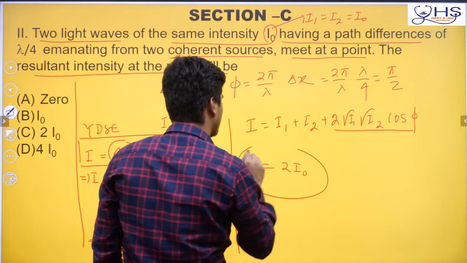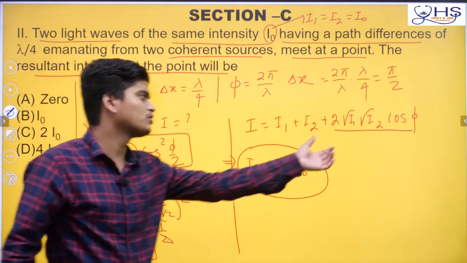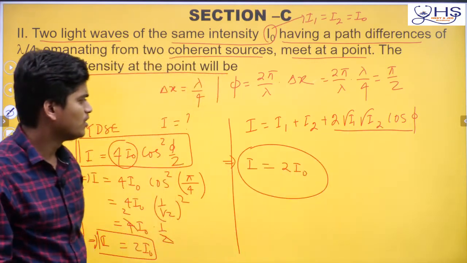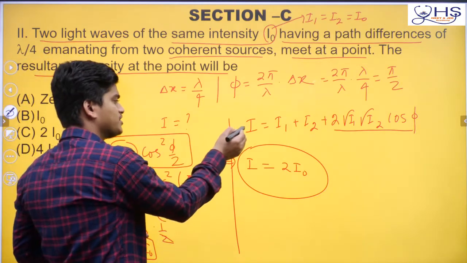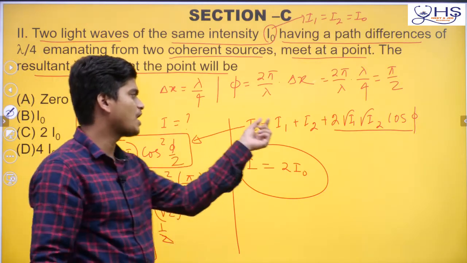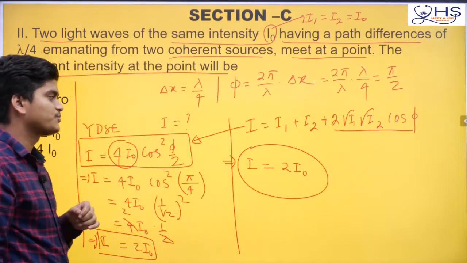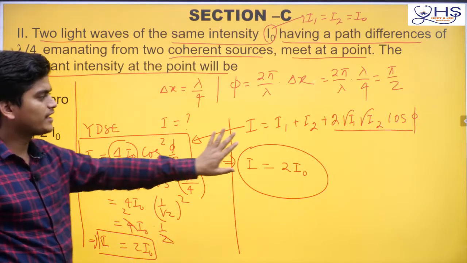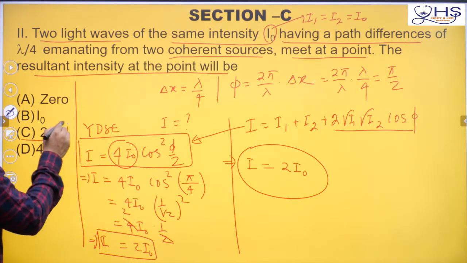So this and this are the same actually. This expression comes from here only when you substitute I1 equal to I2 equal to I naught and keep cos phi. So directly also I will get 2 I naught. So whatever you do, the answer is coming C.